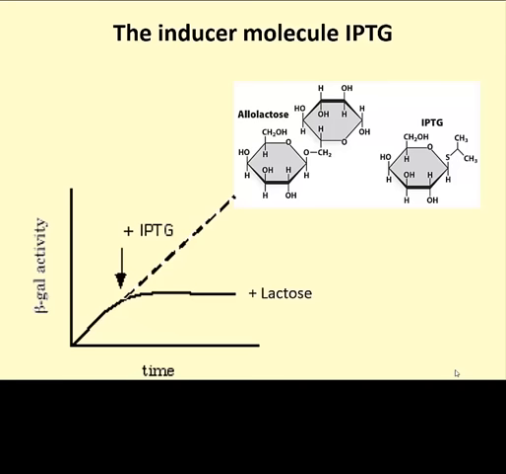Therefore, IPTG is known as an inducer because it induces high expression of the 3 LAC genes. Importantly, IPTG cannot be broken down by beta-galactosidase, so it theoretically stays at a constant level in the cell.